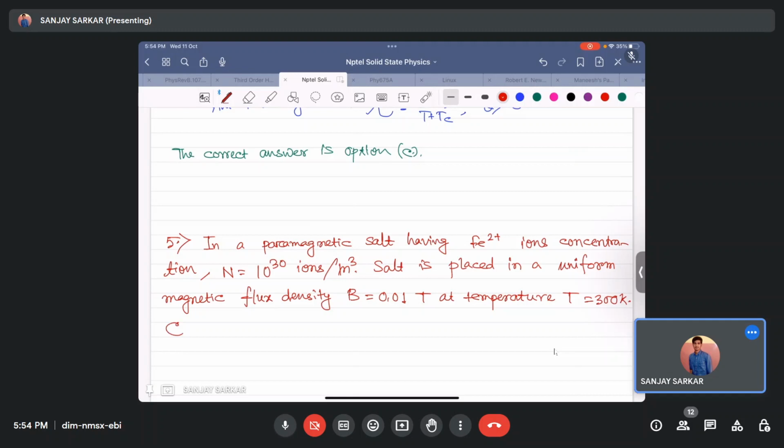So calculate the magnetization of the sample.